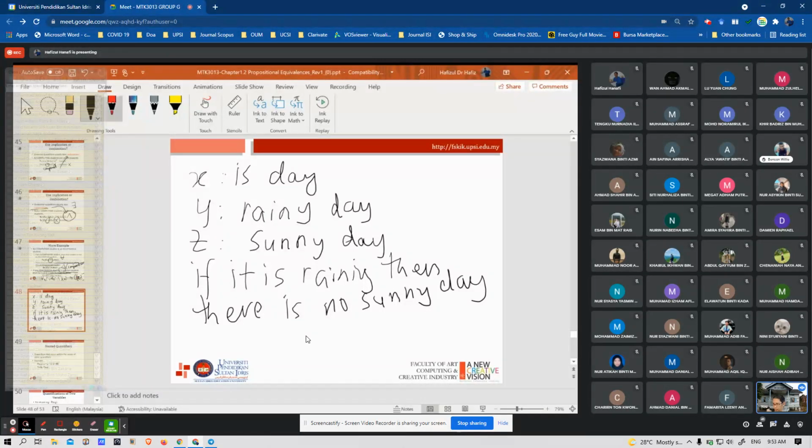How do you want to convert this to English? Convert it using either implication or conjunction. You can say all x is for the day.